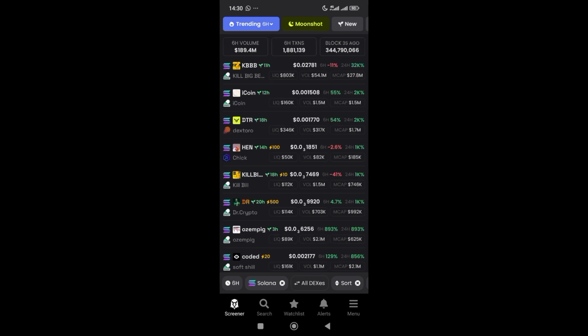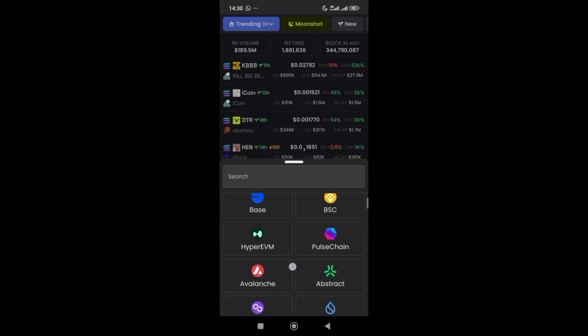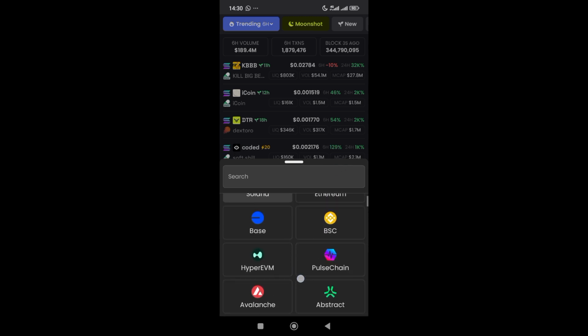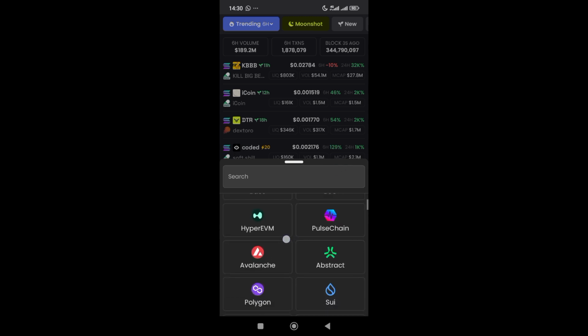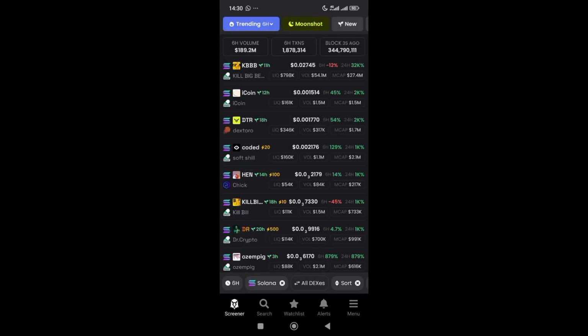So next, let's go to chains. This is our chain. Anyone you want to check, is it on Solana, is it on Base, is it on BSC, just tick the one you want. Like me, I am using Solana for an example. Right, next is sort pairs.